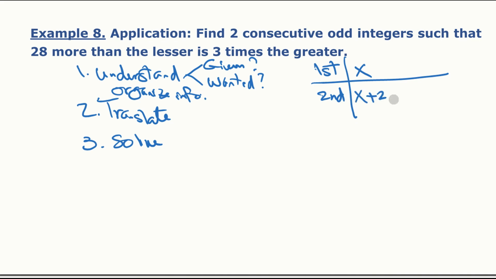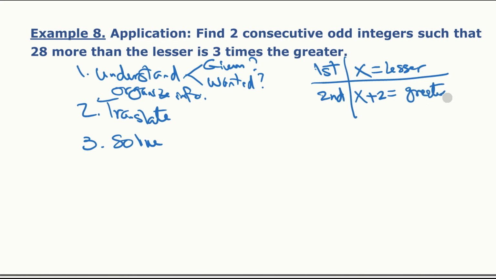So I can use this table of values to now easily set up my equation, because I know that 28 more than the lesser. Remember, the first one is also the lesser one. The second one, which is 2 more than that, is going to be the greater one as well.